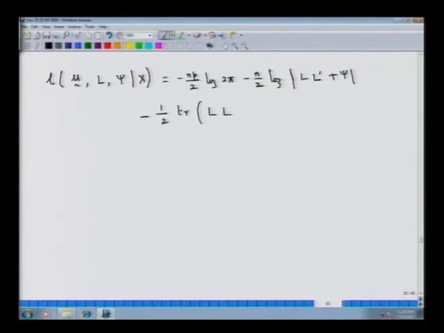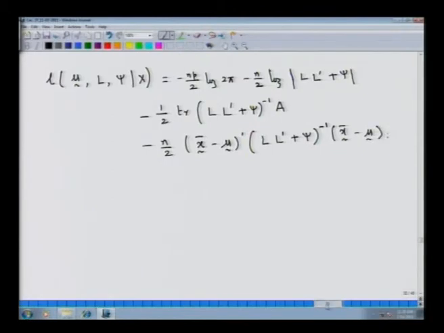So, this is (LL' + ψ) inverse times that A matrix, minus (n/2)(x̄ − μ)' Σ inverse (x̄ − μ), where Σ is LL' + ψ, so (LL' + ψ) inverse times (x̄ − μ).